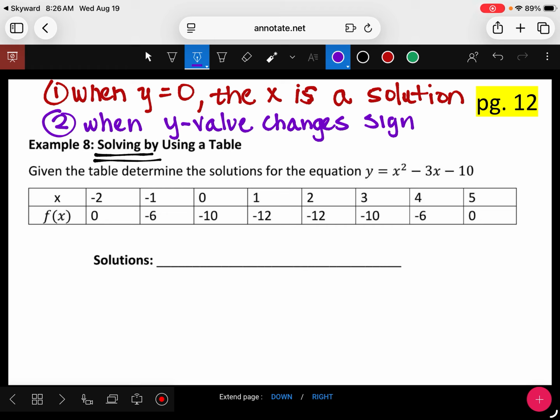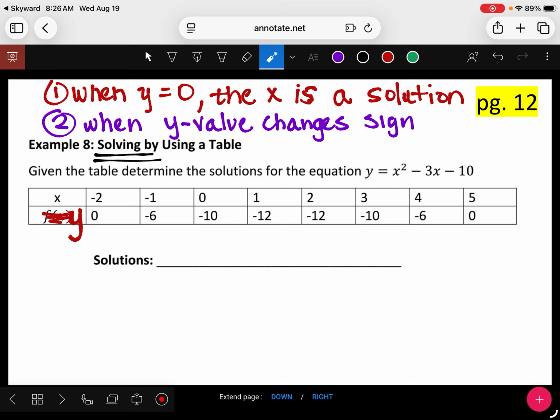So do you see how this says f of x? F of x is the same thing as y. So we can actually rename this row as y, because that's the same thing. F of x means y. So I want you to look in this row and tell me, do you find any zeros in this row? Yes or no?